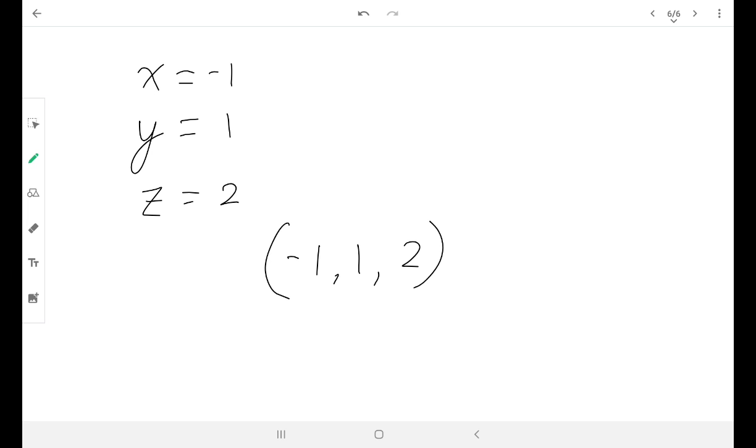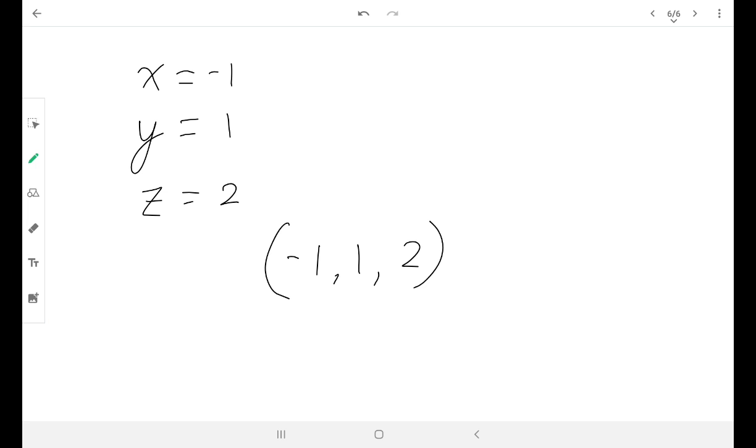Okay, so that is how you use Gaussian elimination to solve a 3-variable linear system, which you are going to see in a few problems that I'm going to ask you to do.